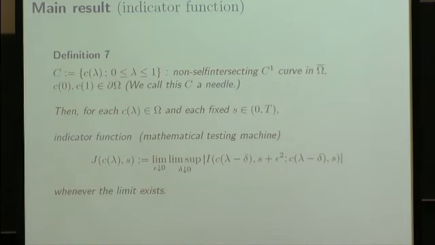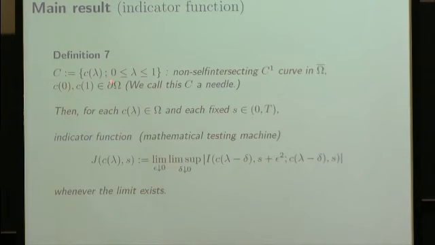Okay. So now I want to define the indicator function and want to state our main result. First, I will introduce some C1 curve which is non-self-intersecting, parameterized by the parameter lambda. Lambda moves from 0 to 1, and this curve C is in omega bar, and it has two endpoints C0, C1 on the boundary of omega.